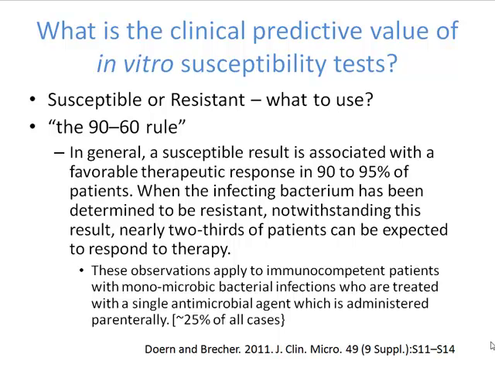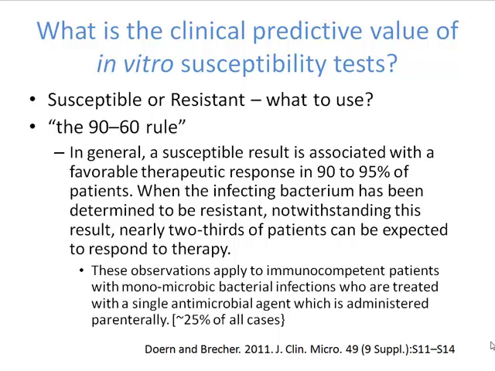This is a concept that's been recently outlined very clearly in the Journal of Clinical Microbiology in a supplement this October. What it basically says is if you have a susceptible on a clinical breakpoint, you've got about 90-95% assurance that you're going to get a favorable treatment outcome. But guess what? Even if you have a resistant, in this particular example, two-thirds of the patients can be expected to respond to therapy: the 90-60 rule.